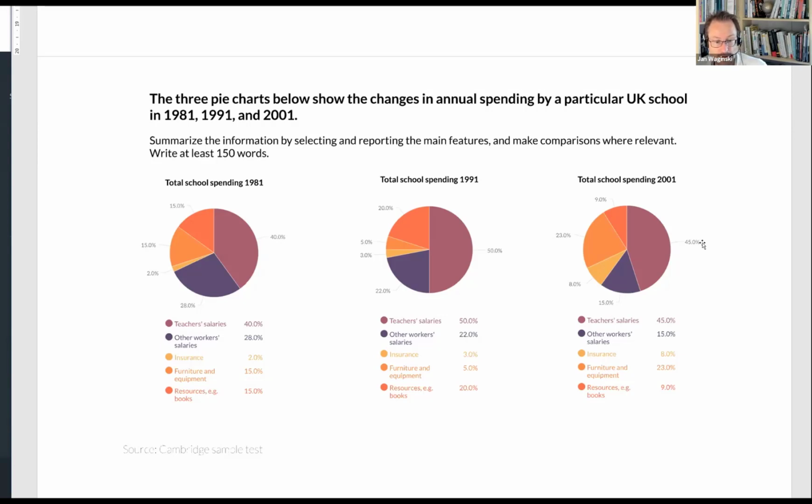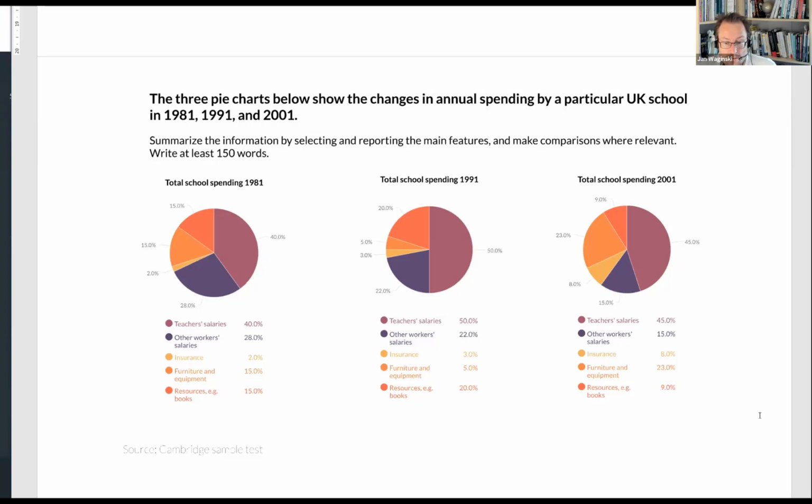Okay. So you have to watch the language and be very careful. You're talking about the percentage of the budget spent on these items. Teachers' salaries were the largest budget item in all 3 years. What was the smallest item? Insurance, yes.